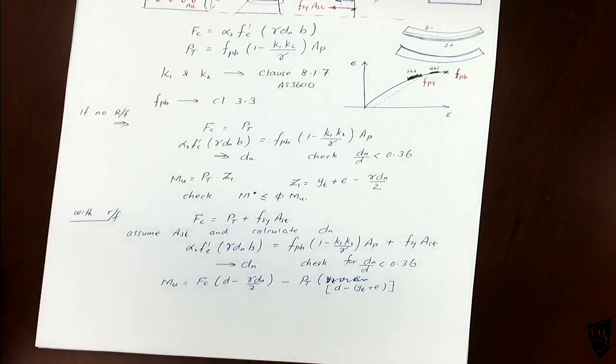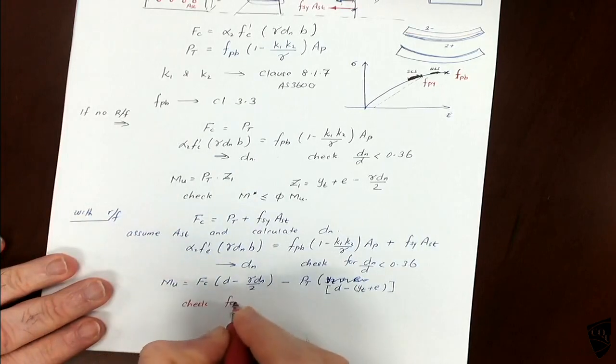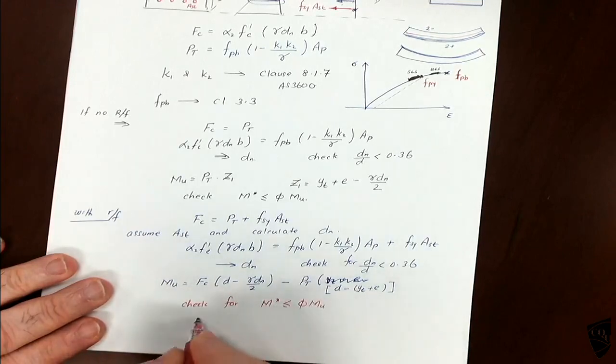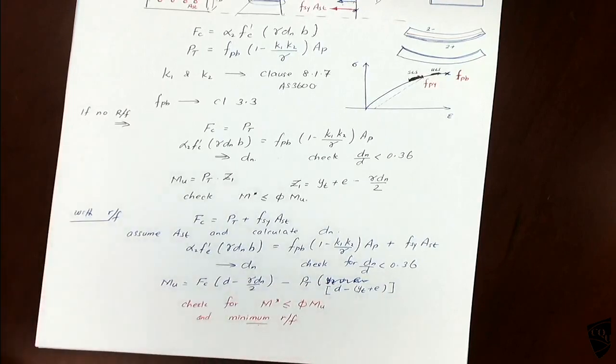So then you have the Mu value. So you should be able to find the ultimate moment and check whether minimum reinforcement still needs to be provided, if it is a bending member.